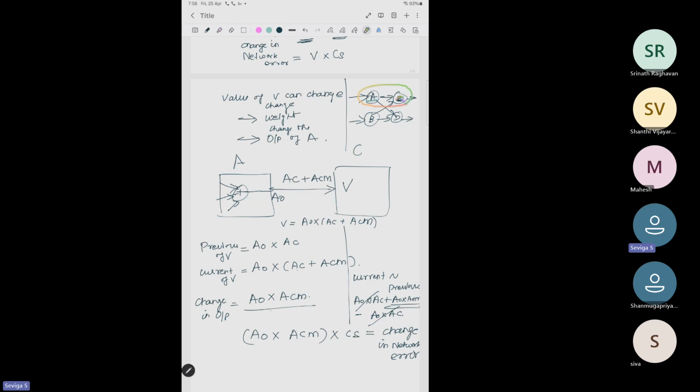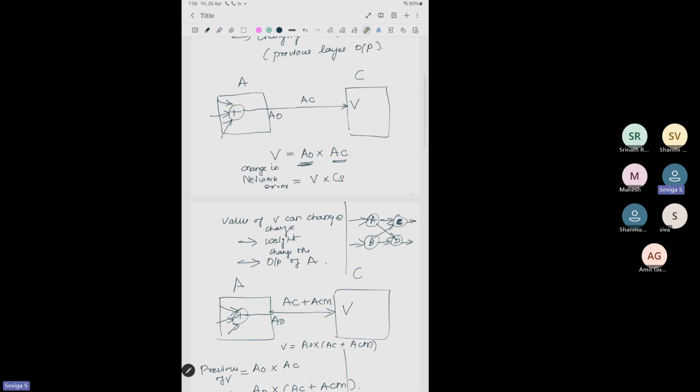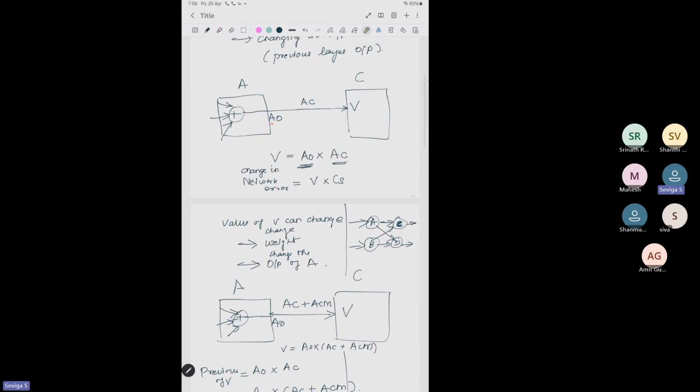In this link, only A and C are present. So we are considering only this link. The outcome of A is A naught, and A and C are connected by the weight AC. And the value which is arriving at C is given by the letter V, which is a temporary variable. Is it clear till this point?